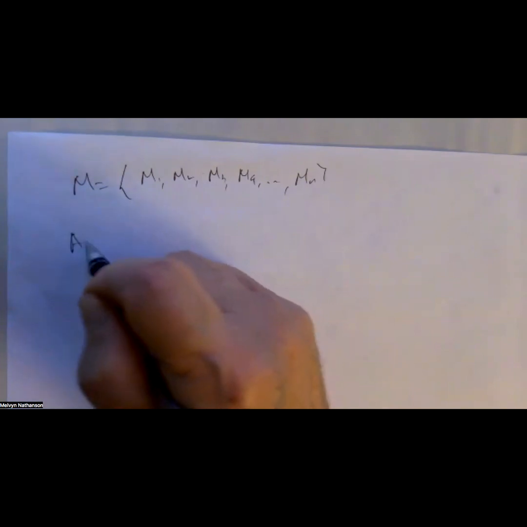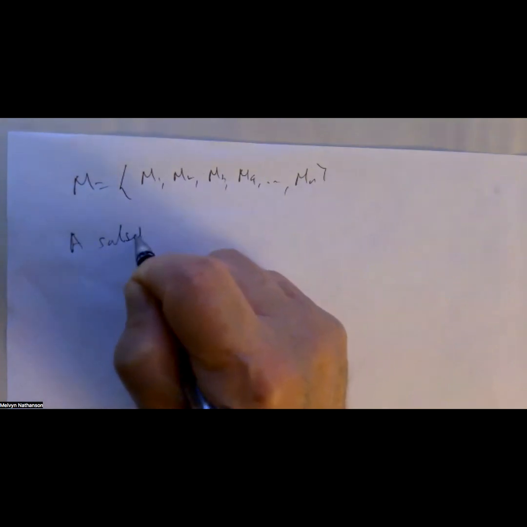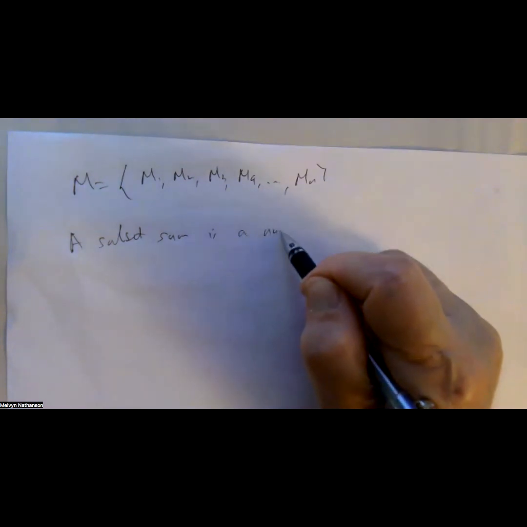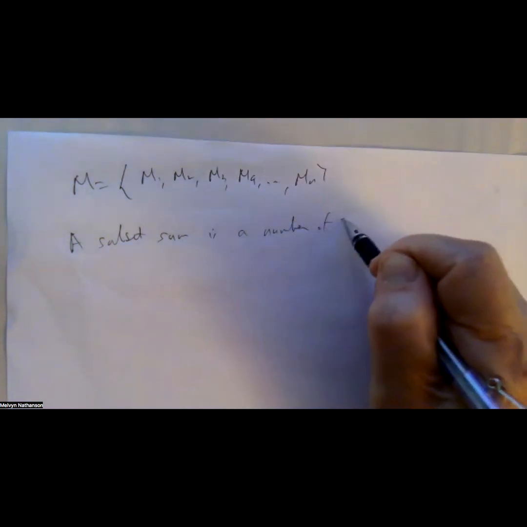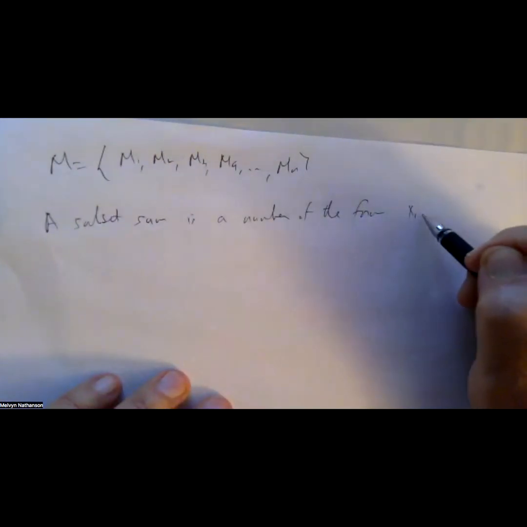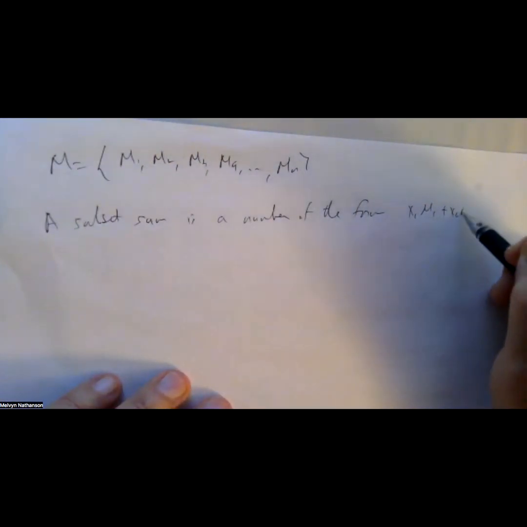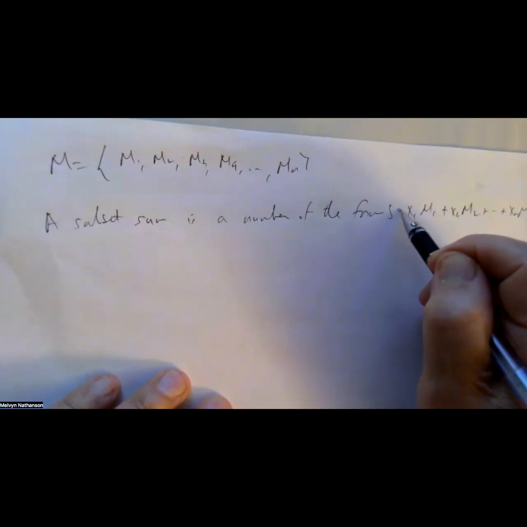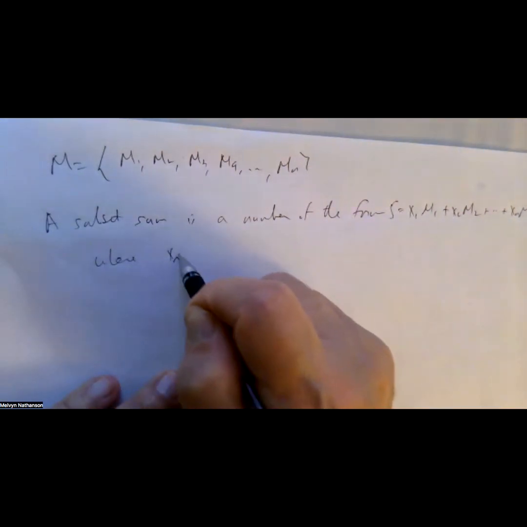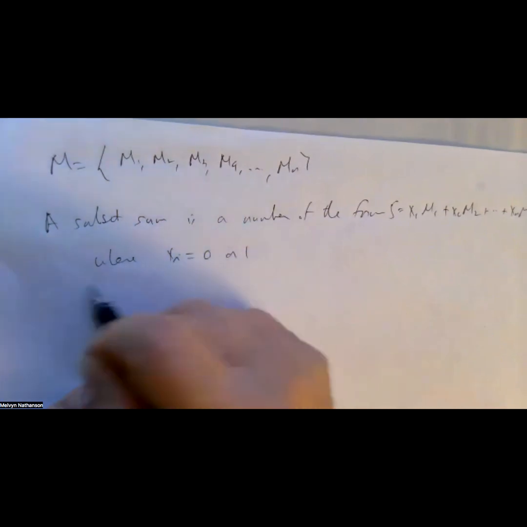So a subset sum is a number of the form x1 m1 plus x2 m2 plus up to xn m sub n, the number s of this form, where xi is equal to 0 or 1. Right?